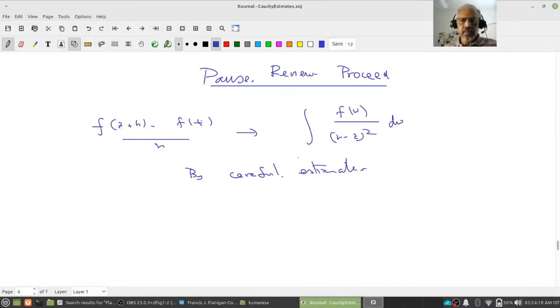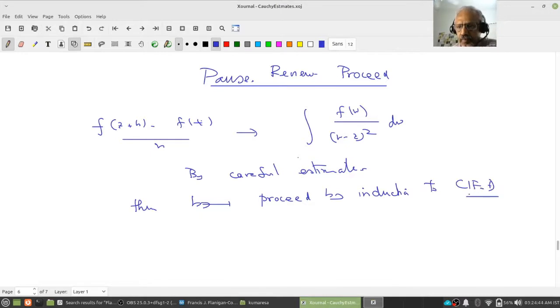You can go through that in books, and many of the textbooks may use this approach. Then proceed by induction to get CIF-D.